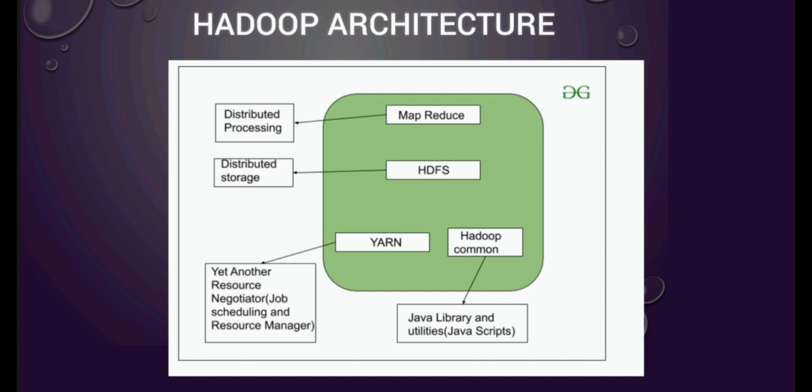Lastly, output format. Once all the operations are performed, the key value pairs are written into the file with the help of the record writer, each record on a new line and the key and value in a space separated manner.